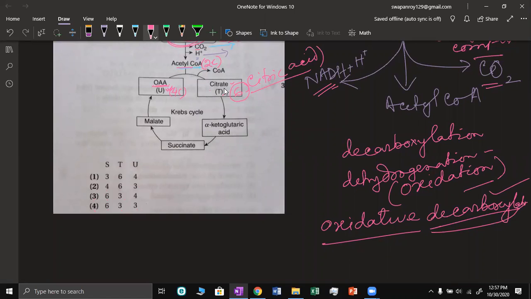Even if you don't know the others, you can answer, because for S, only option 1 has 3. Options 2, 3, 4 give 4, 6, 6, which is not true for pyruvic acid. Sometimes the options are so easy that if you know one of them and you are very confident, you can answer it. So your answer is 3, 6, 4.